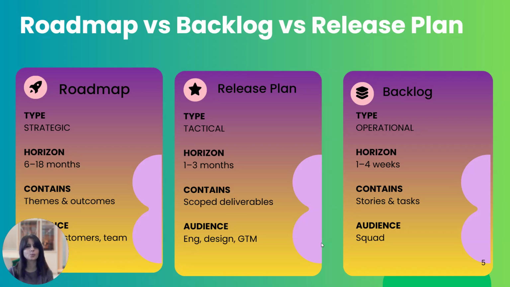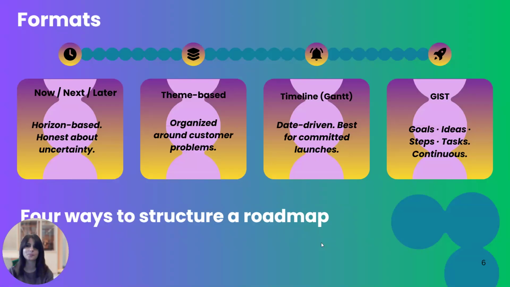So the horizon would be longer, from 6 to 18 months, and it contains different themes and outcomes. The release plan is more tactical, meaning that the horizon is shorter, from 1 month to 3 months, and it contains scope and deliverables. The backlog carries the operational notes, with a horizon of around 1 week, and it contains stories and tasks.